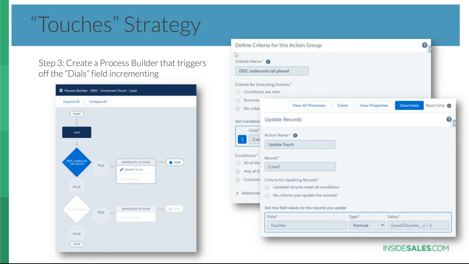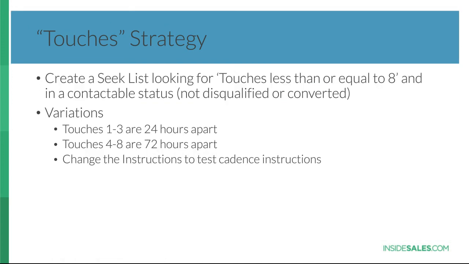So let me say it this way. I've just had a record that went through 8 touches, and I eventually disqualified it, right? 3 months later, it qualifies for another campaign, so I want to bring it back into the seek list.